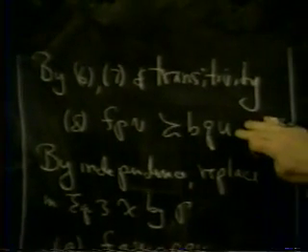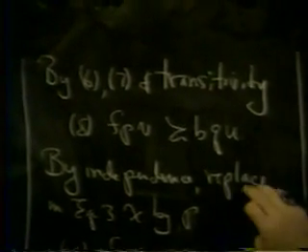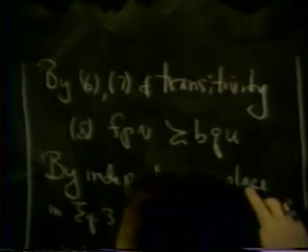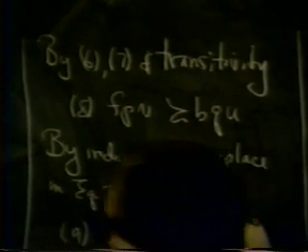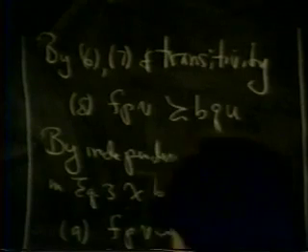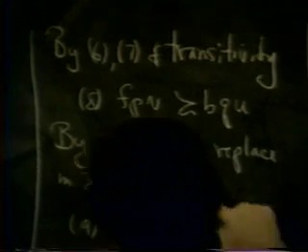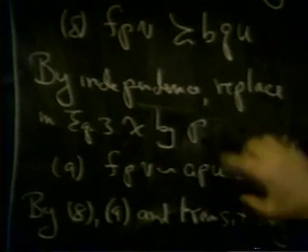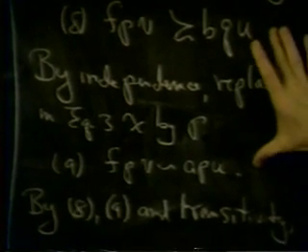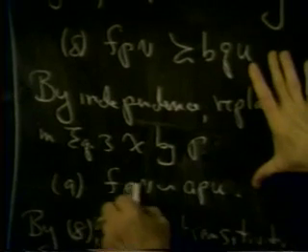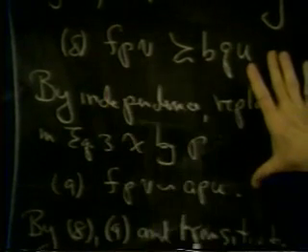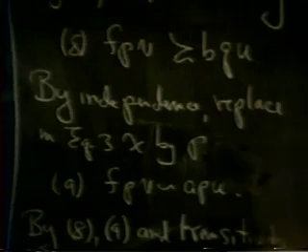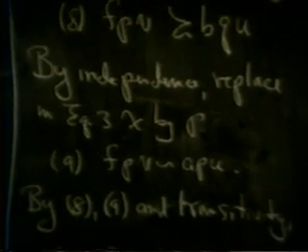Once again, we will use independence in equation 3, and we will replace X, which is common on both sides, by another value, namely P. When we do that, we get equation 9. And now, if you look at 8 and 9, you see that you have the FPV term common, so by transitivity, APU is greater than or equal to BQU.